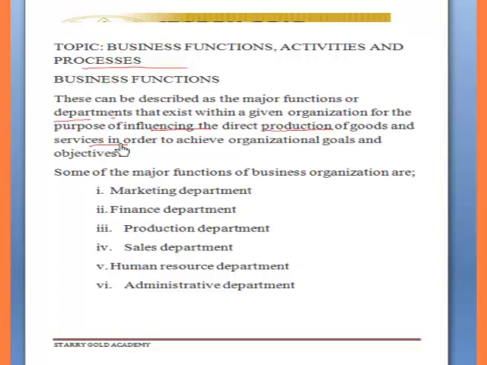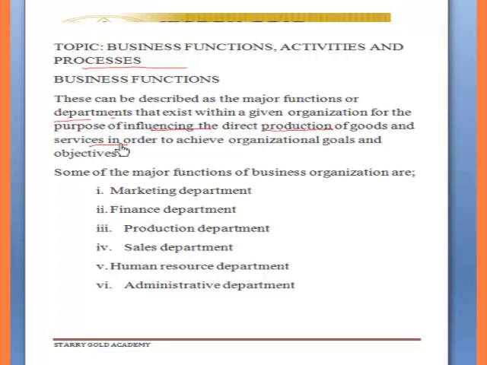When a particular establishment is very large, the activities may not be coordinated at the central level. Rather, various departments or functions will have to be established in order to facilitate the direct production of goods and services.